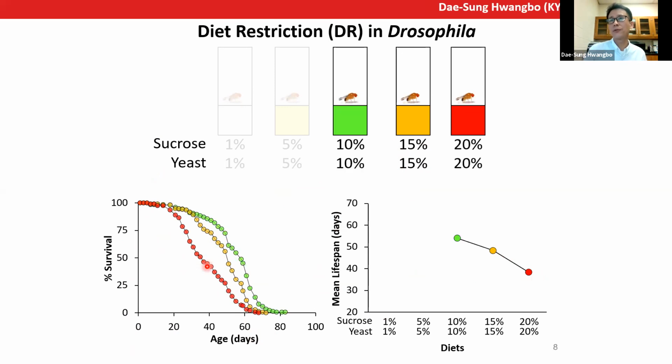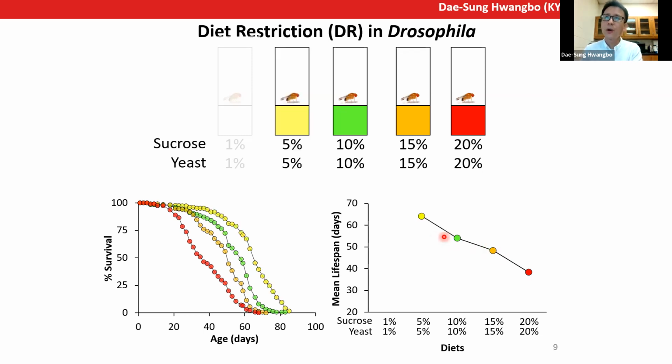However, if you dilute the food, like 10% for example, then lifespan is extended. If you dilute more, for example 5%, you see even more lifespan extension. However, you cannot do that forever, because at a certain point malnutrition starts, so lifespan is reduced. So in this particular case, roughly 5% sucrose and yeast is the best in terms of lifespan modulation or extension.